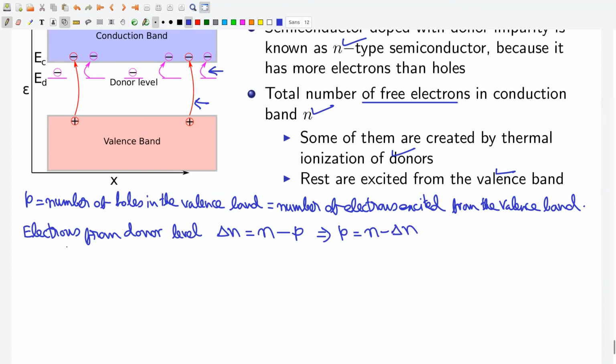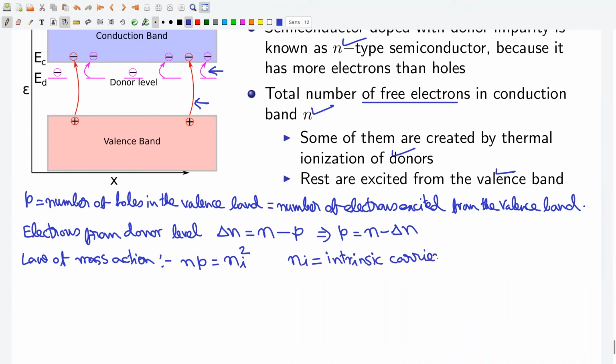Now we apply the law of mass action. That is N times P is equal to Ni square, where Ni is the intrinsic carrier concentration.